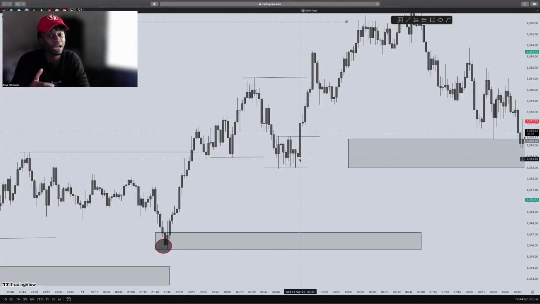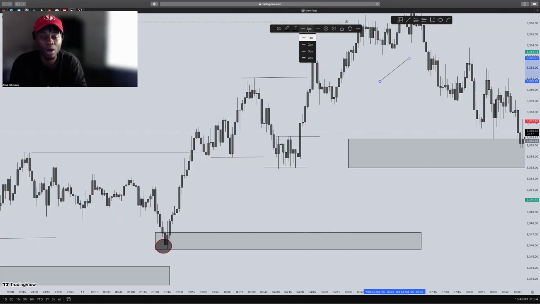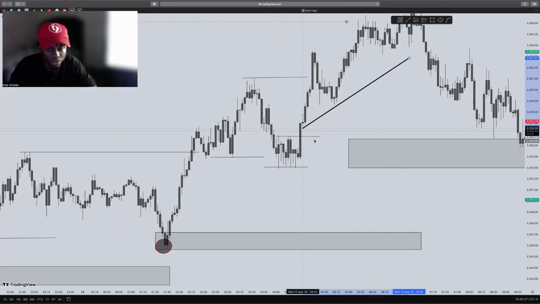But in this case, I would think that there are more buyers. Reason number one is let me make this thicker. Sorry. Reason number one is we have a huge bullish engulfing candle right here. I don't like to call it engulfing even.